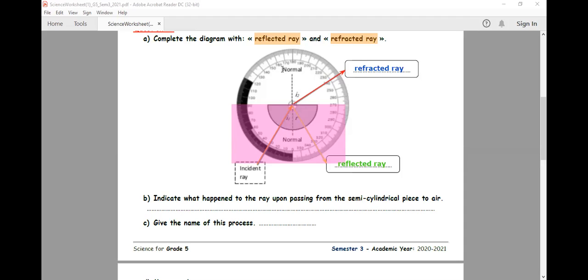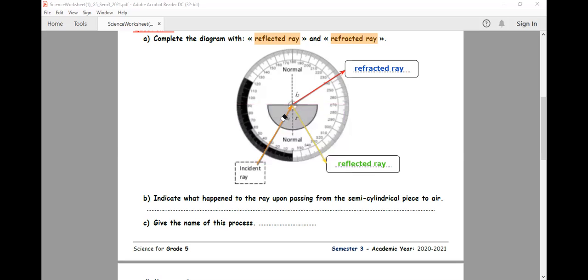For example, from air to glass, from glass to water, from water to air. So refraction happens when light passes between two different mediums. Reflection is in the same medium. Is it clear for everyone? Yes. Miss, can you repeat?